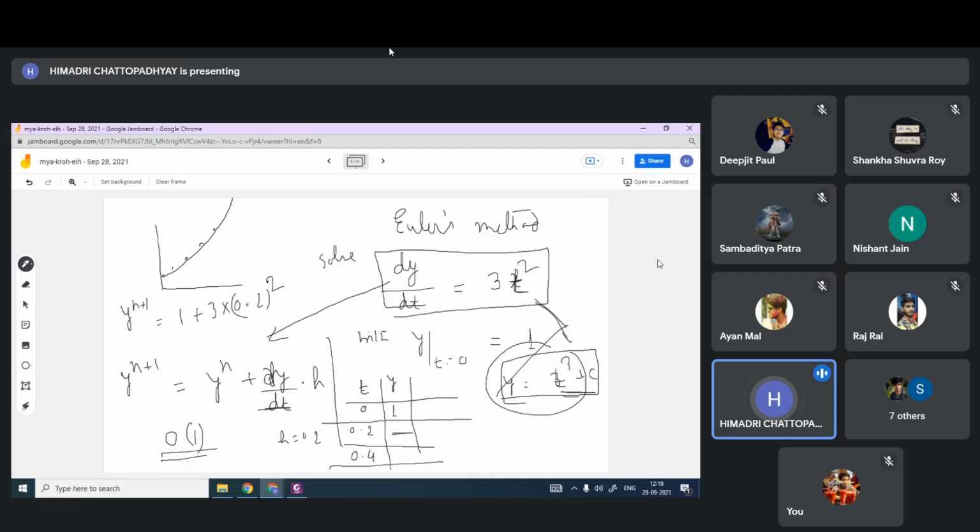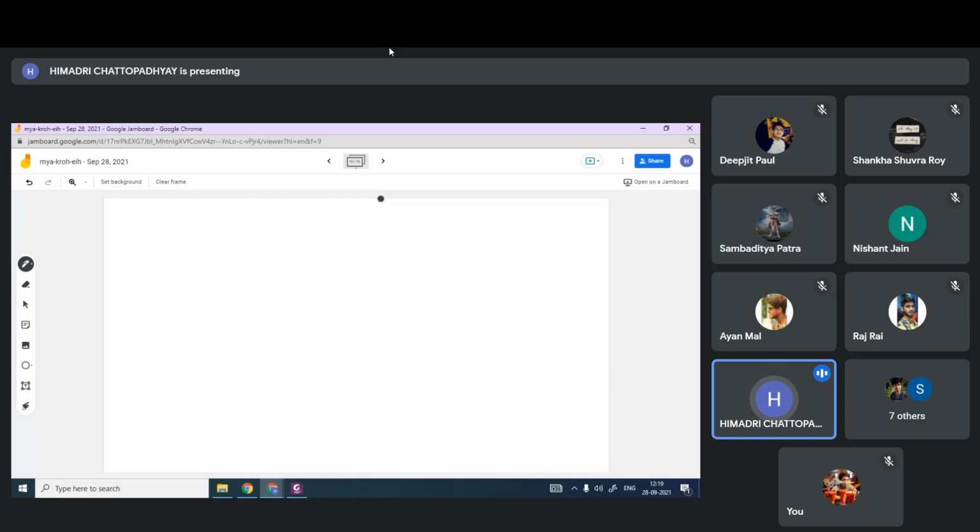Like, say, the problem I have given you. Say the problem that has been given to you is dy/dt is minus 10y, with y0 equal to 1. That means this is the value 1 at t equal to 0. Then t equal to 0, y equal to 1.